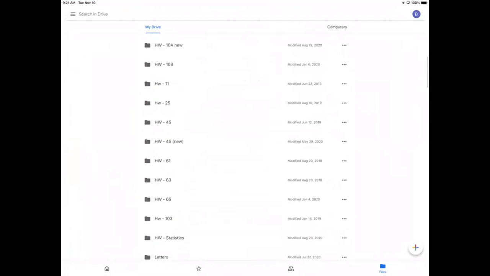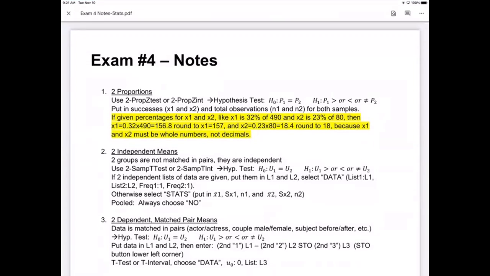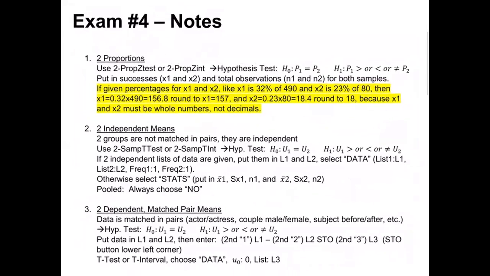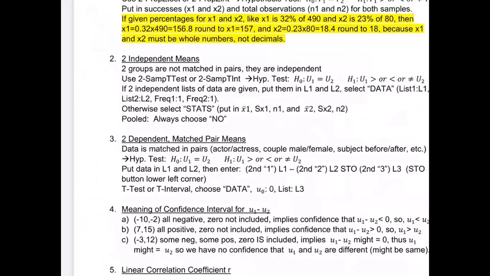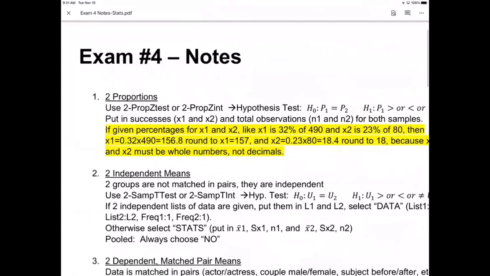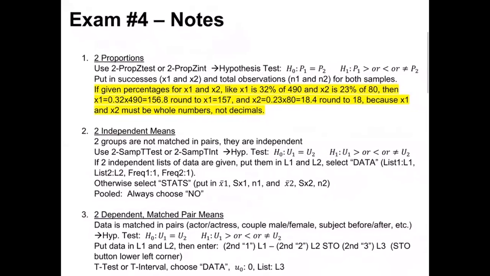Wherever it may be. There it is. So exam 4 notes. Okay, so here's the exam 4 notes. So I'm going through the details with you. So there's 2 proportions right off the bat. Everything you need is here in these exam 4 notes. So come up here. There we go.